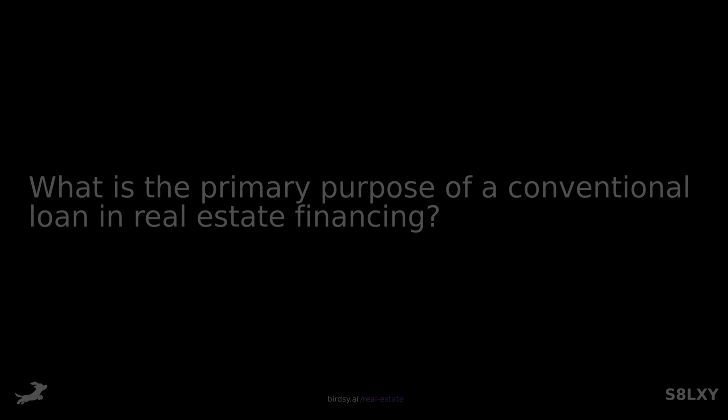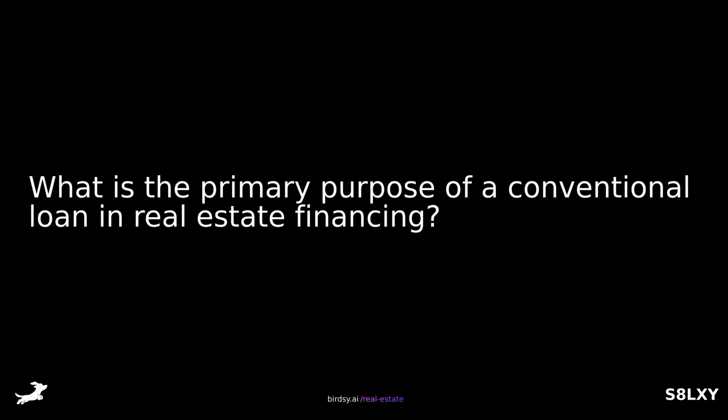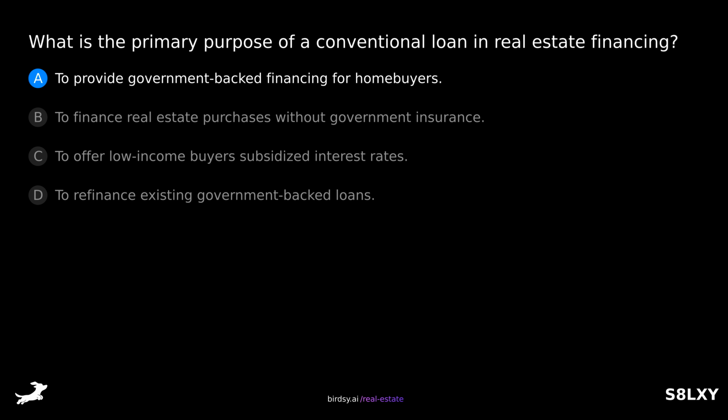Financing. What is the primary purpose of a conventional loan in real estate financing? Is it A, to provide government-backed financing for home buyers? B, to finance real estate purchases without government insurance? C, to offer low-income buyers subsidized interest rates?